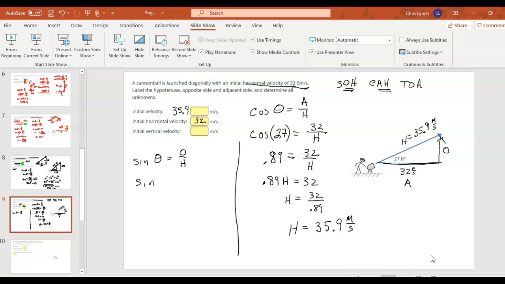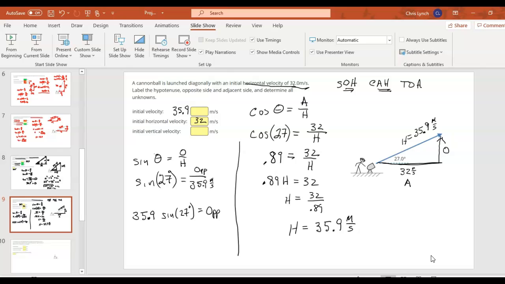The sine of 27 degrees is equal to the opposite side over the hypotenuse, which is 35.9 meters per second. Again, we just cross multiply, so we get 35.9 times sine of 27 degrees equals the opposite side.